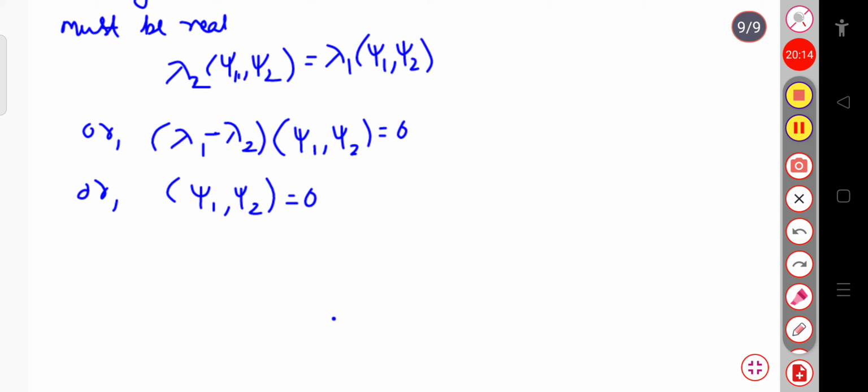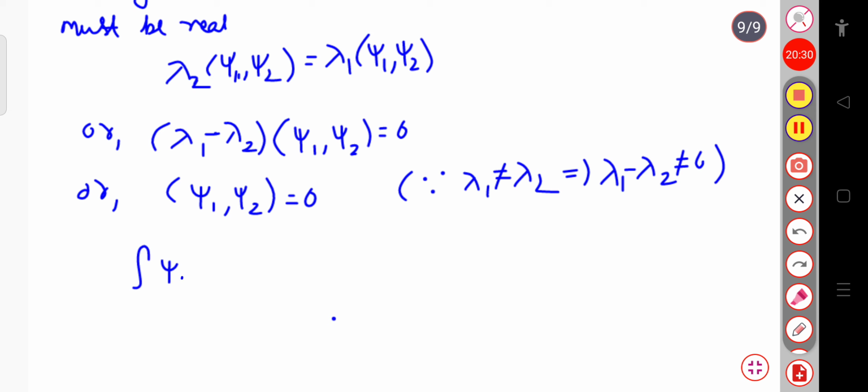Since lambda 1 is not equal to lambda 2, that implies lambda 1 minus lambda 2 is not equal to 0. And this psi 1 psi 2 equal to 0 means simply we can write the integration over psi 1 star psi 2 d tau is equal to 0.